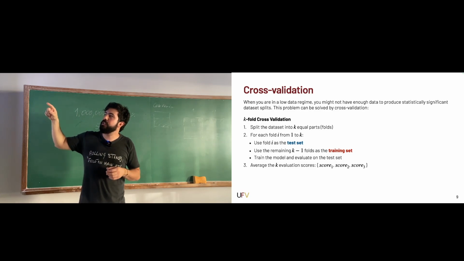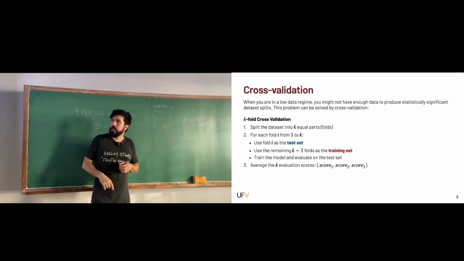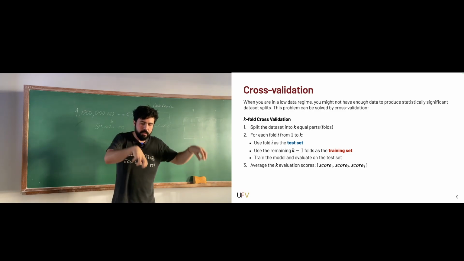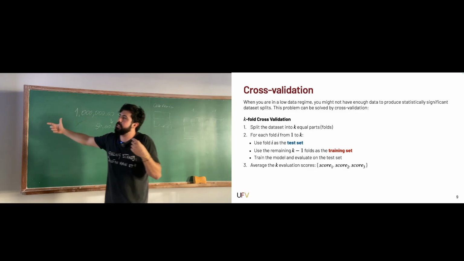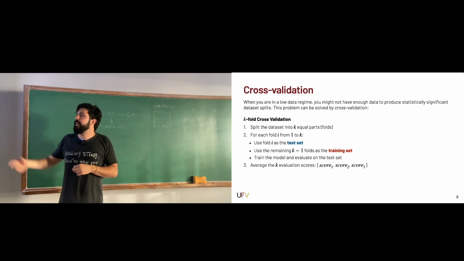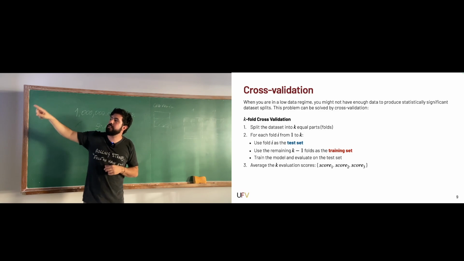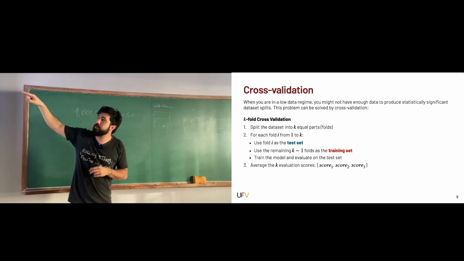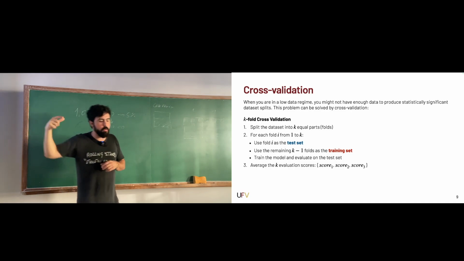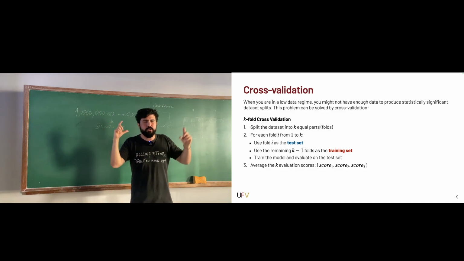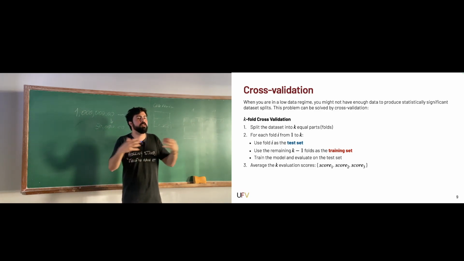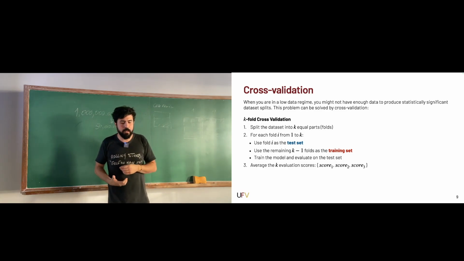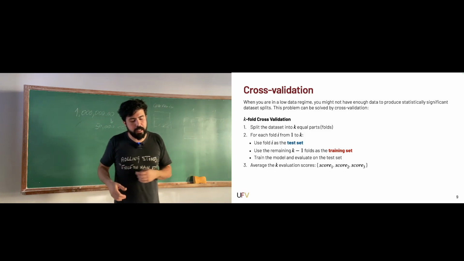Then for each of these folds, you're going to use fold i as a test set, and all the remaining folds as a training set. Then you train the model using this split, and you go back to step number 2, and now you have a second fold, and so on and so forth. Which means that you're going to train different models for the same data set. And then you're going to report the average result of these folds as your final result.